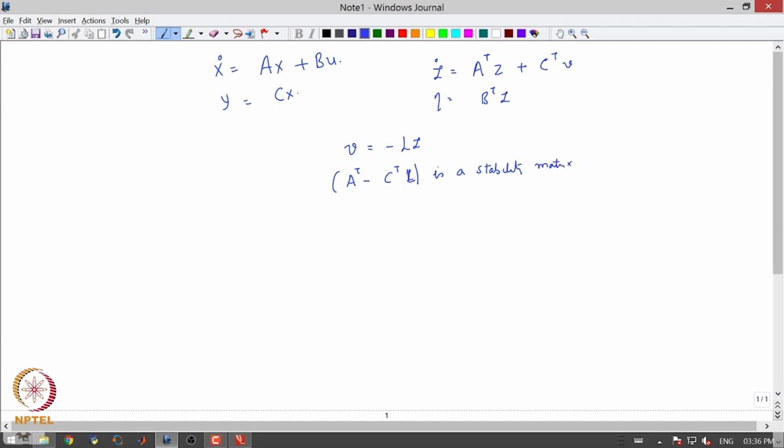Or in other words, it also places the poles of A transpose minus C transpose L at desired locations.